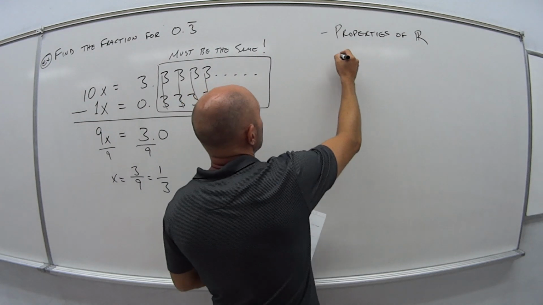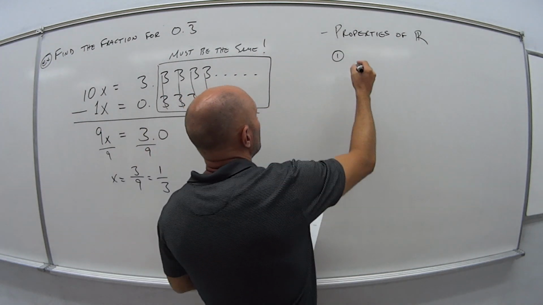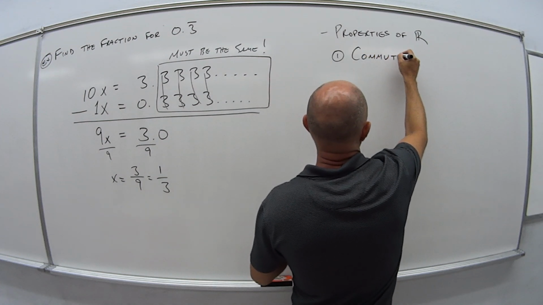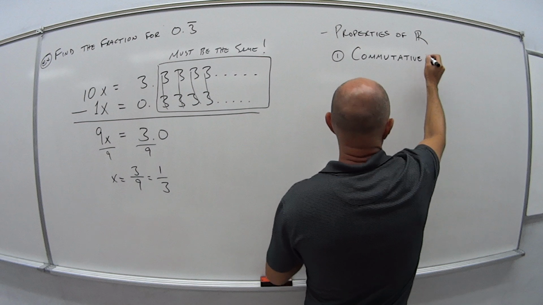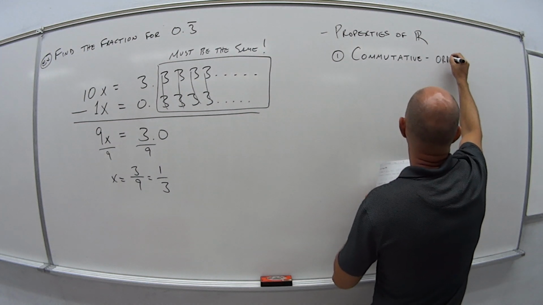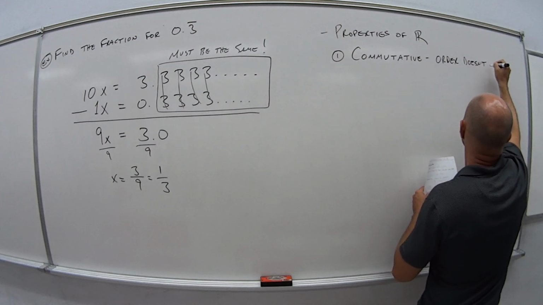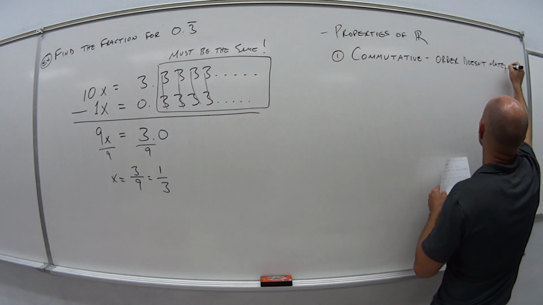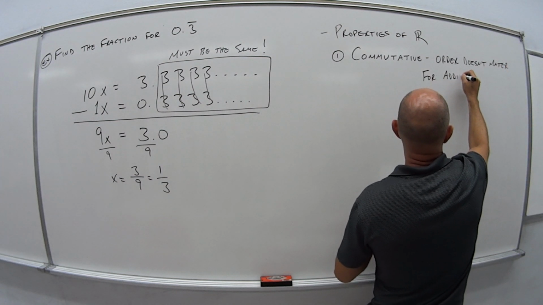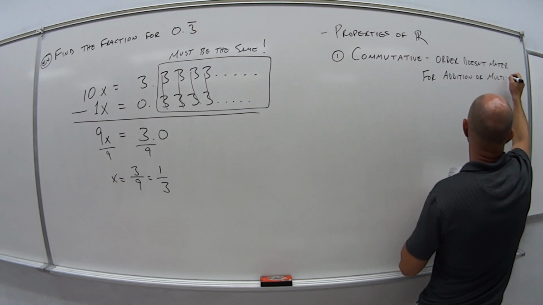The first property is that real numbers are commutative, which is to say, order doesn't matter for addition or multiplication.